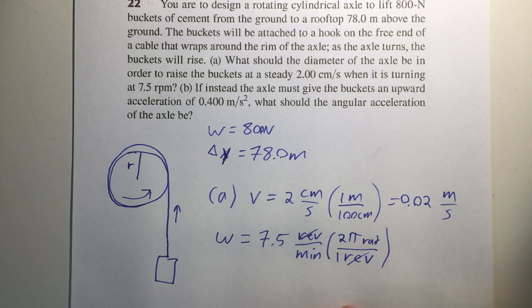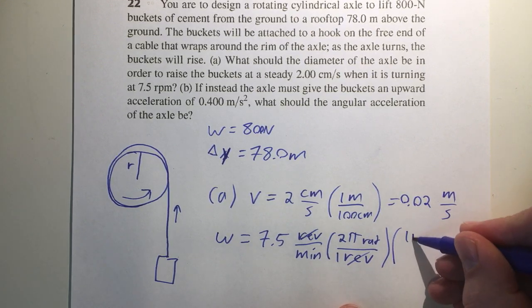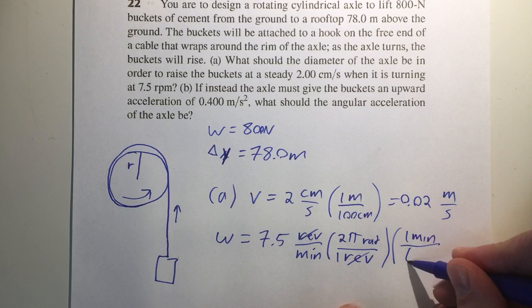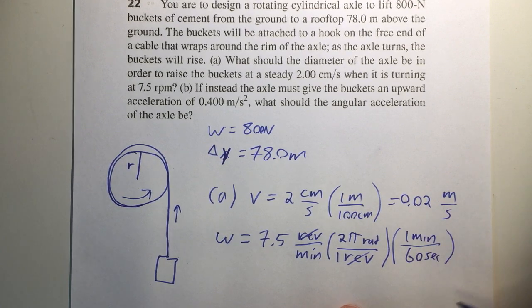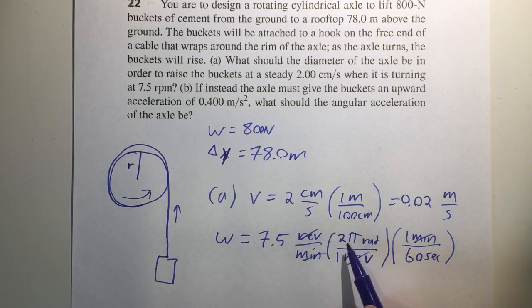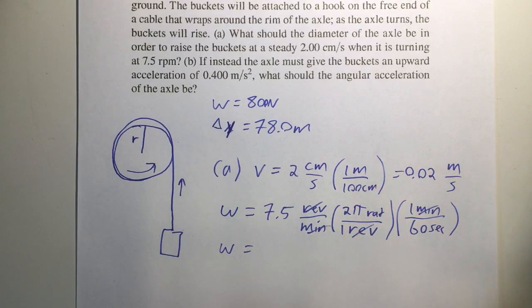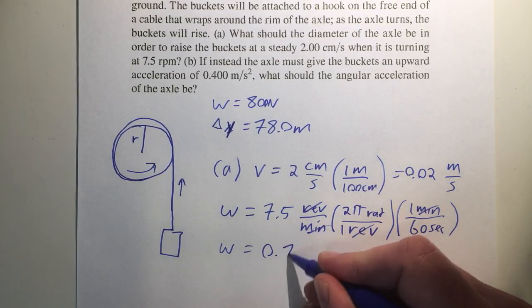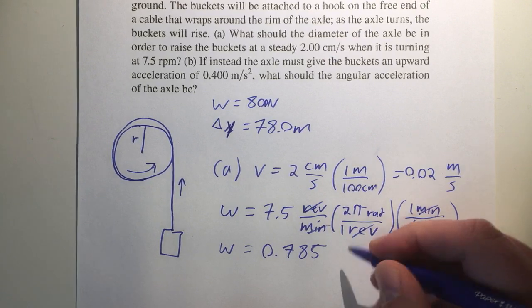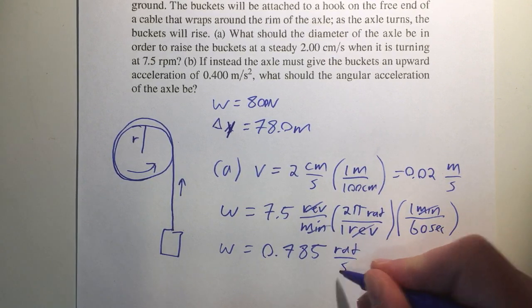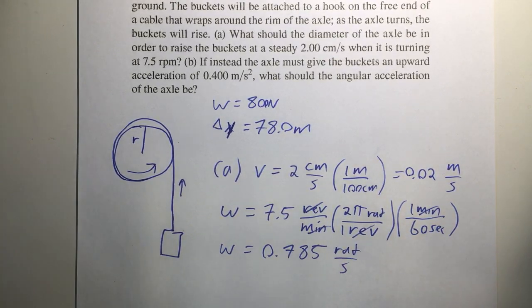Then 1 minute is equivalent to 60 seconds, so my minutes cancel, and I end up with radians per second, which is what I want. So 7.5 times 2 pi divided by 60 gives me that the angular velocity of that cylinder is 0.785 radians per second.